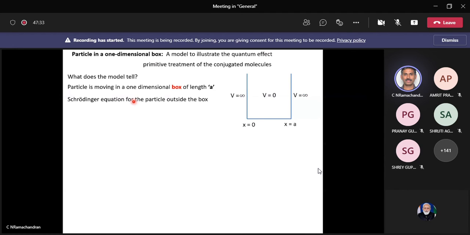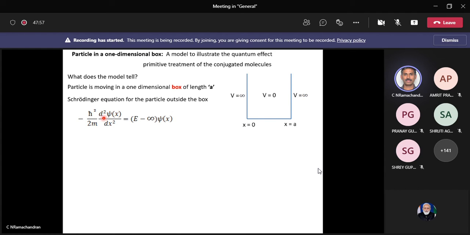So in this case also I am writing the Schrodinger equation for the particle outside the box. Already my problem itself is a particle in a box, but now I am writing the Schrodinger equation for the particle outside the box. Let us wait and see.